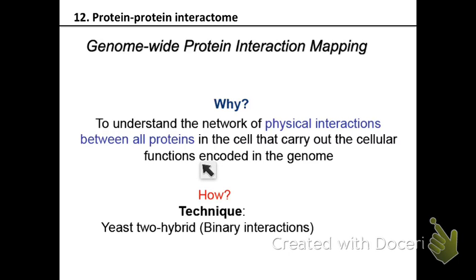For example, a lot of the molecular machineries that you have learned are important for cellular processes exist as protein complexes. We talked about the transcription initiation complex. It has hundreds of proteins. We talked about mediator, right? It has a great many proteins. And we talked about other protein complexes.